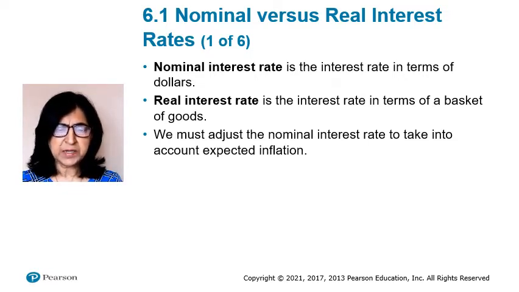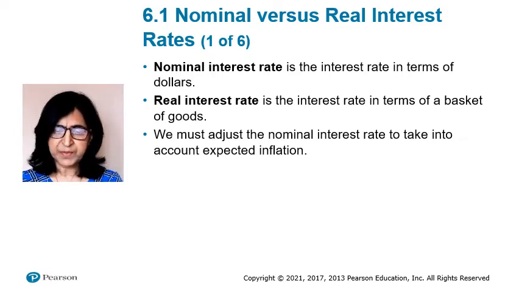In January 1980, the one-year US T-bill rate, the interest rate on one-year government bonds, was 10.9%. In January 2006, the rate was only 4.2%. It was clearly much cheaper to borrow in 2006 than it was in 1980.